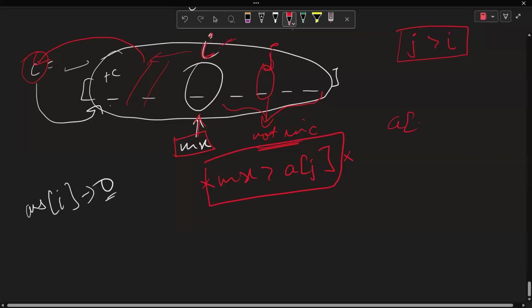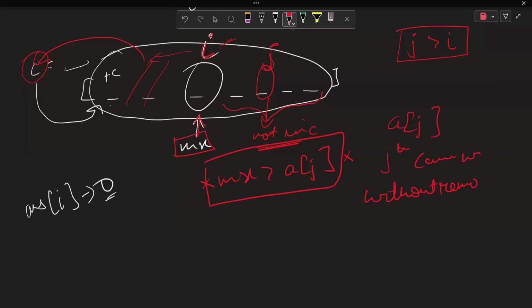And this aj, the jth candidate, cannot win without removing I. Okay. So that's our first conclusion. So for any j greater than I, he cannot win without removing I. He would definitely have to remove I. Okay, so let's say he removed I. Let's say I removed I.